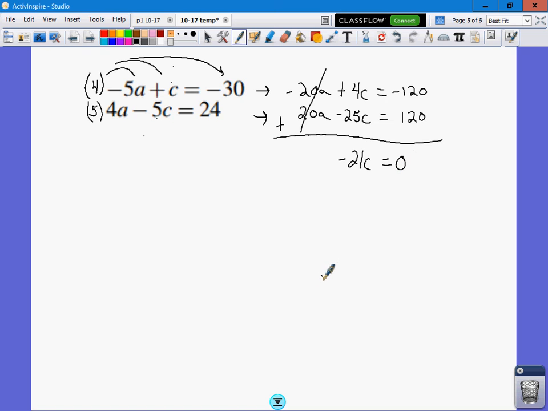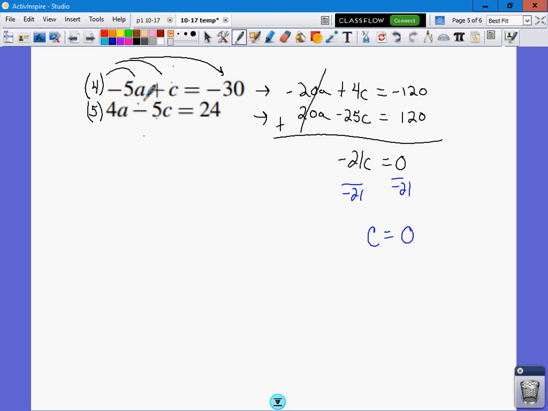There were several people, even on the re-quiz for algebra, that wrote there was no solution for this. Still, you can solve it. C isn't by itself. Divide by negative 21. And 0 divided by a negative 21 is what? 0. There is nothing wrong with having 0 as an answer. Nothing wrong with it.